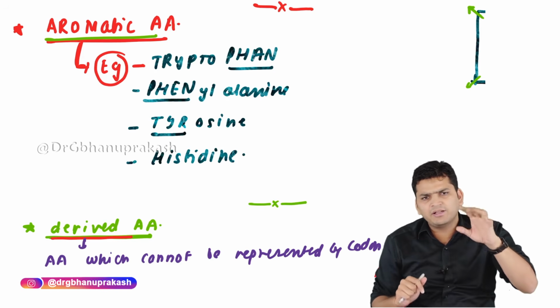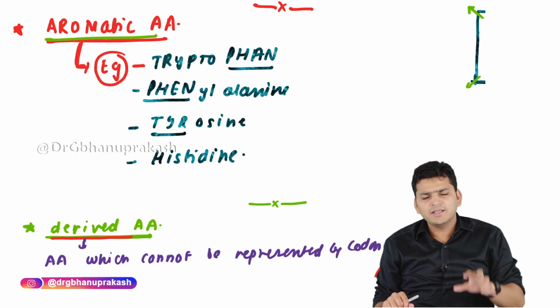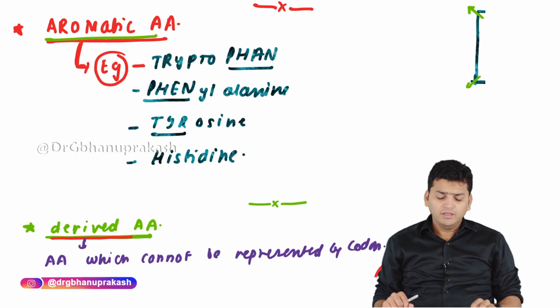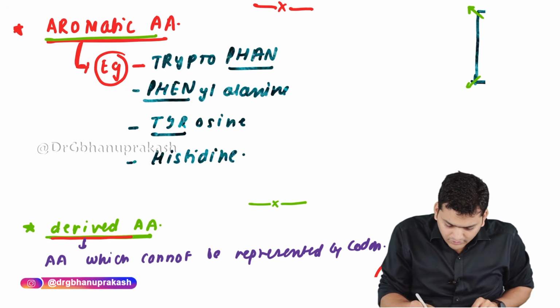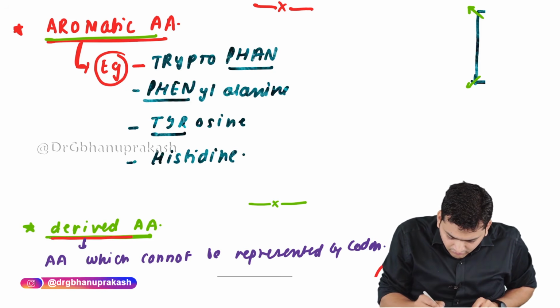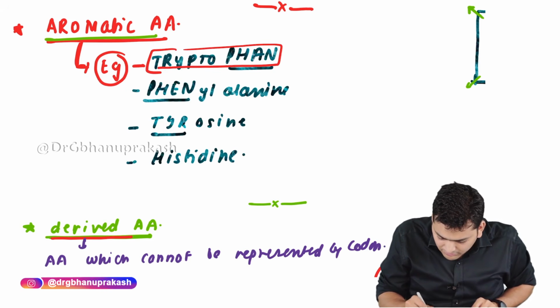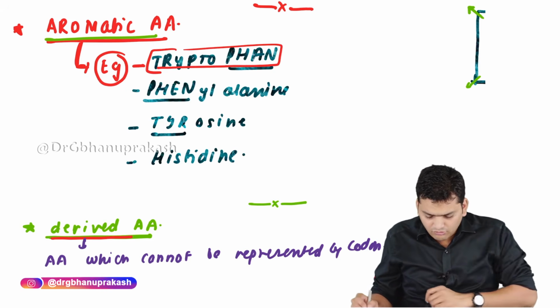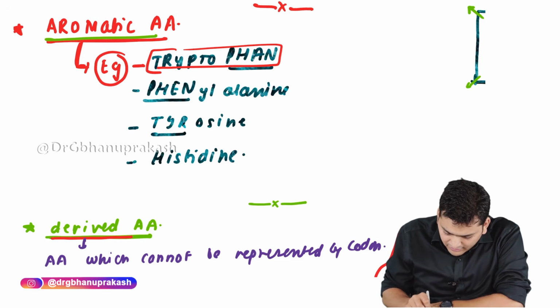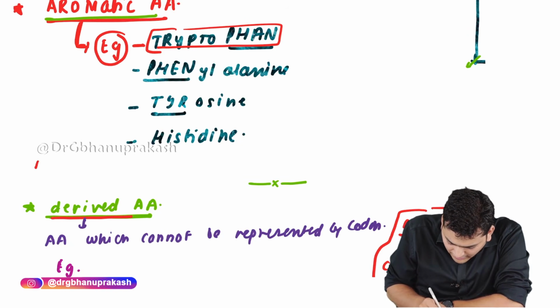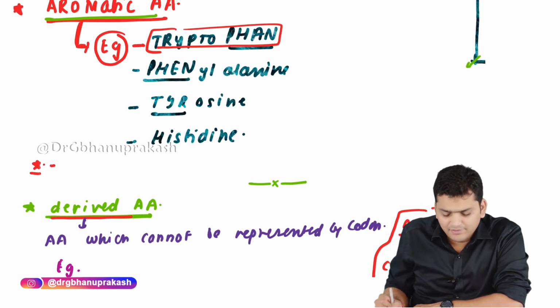When you place these amino acids in sunlight, which contains UV rays, they will absorb the UV rays. Among these 4, tryptophan has the maximum absorption of UV rays.